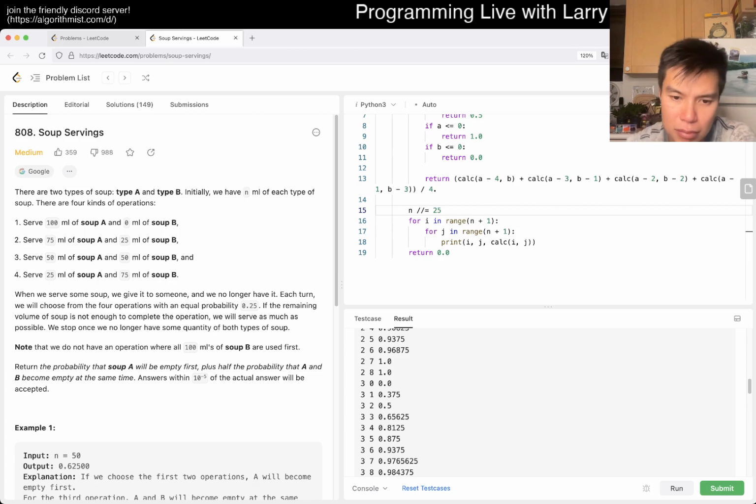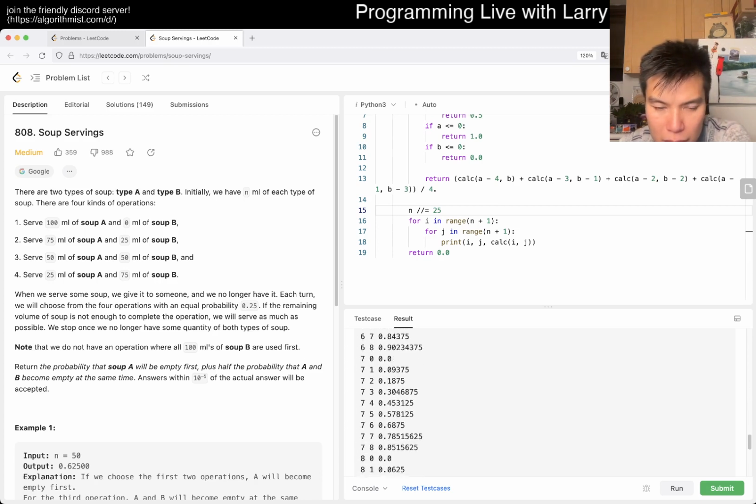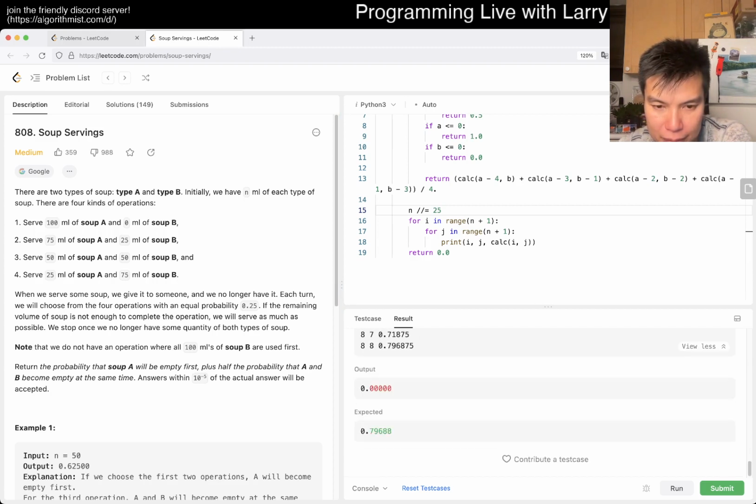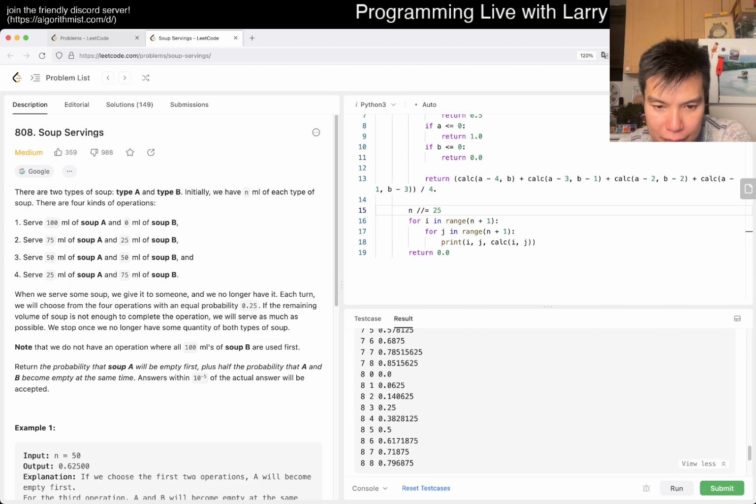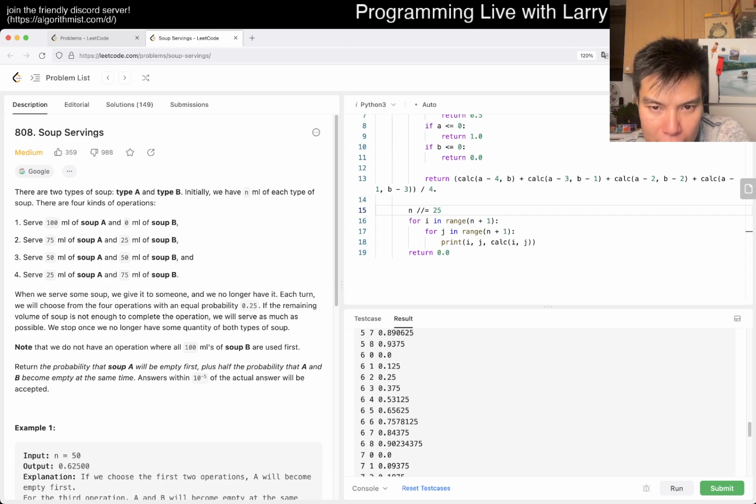Wow, there's a medium. I guess there must be some gotcha or something, but would this be easier if I represent these as fractions?